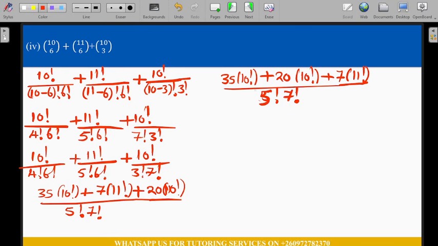So after this, the next thing that we're going to say is, for the first two terms on top, 10 factorial is common, so we factor out 10 factorial.